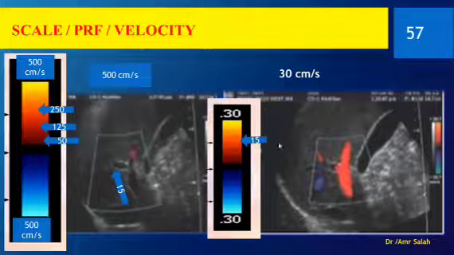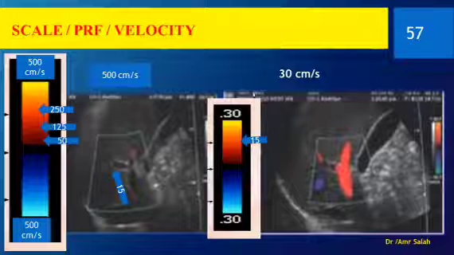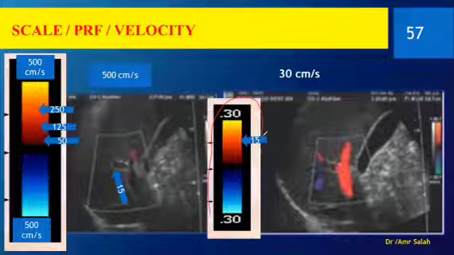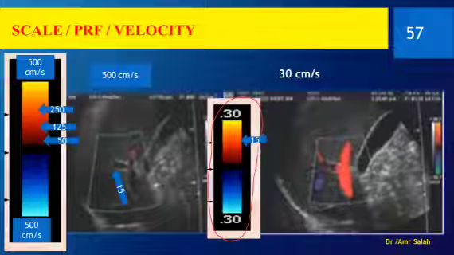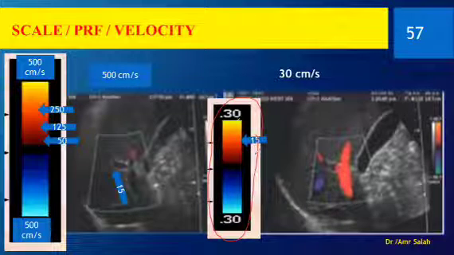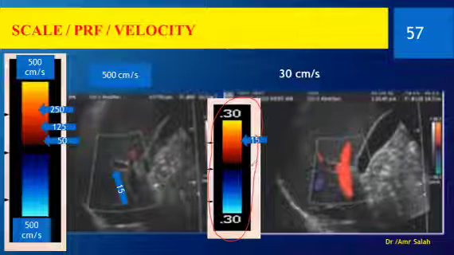Now let's see an example in the real ultrasound. Now here, first things first, let's apply what we've learned. What is this? This is the color map, or the color bar, and the color here red, that is towards the probe, the color blue below the baseline, that's away from the probe.